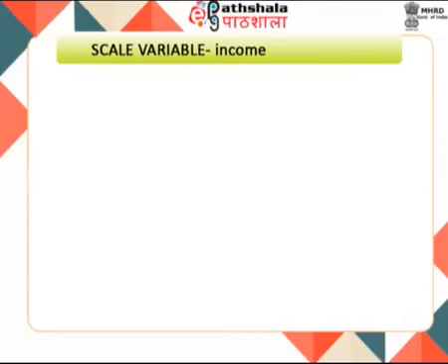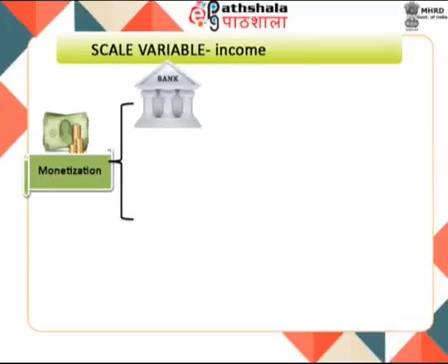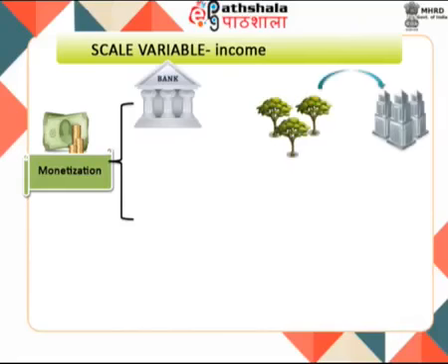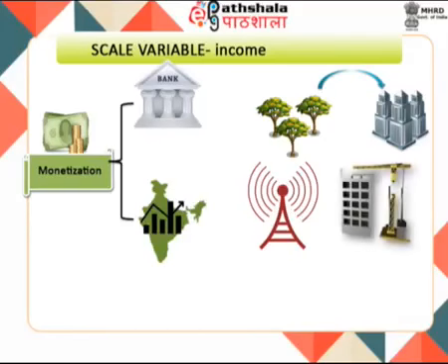Scale variable income. The growth of income in a growing economy is primarily associated with monetization. Monetization is associated with a variety of changes like spread of banking facilities into unbanked areas, migration from rural to urban areas, changing sectoral composition of the economy, growth in literacy, better transportation and communication network, commercial and industrial development.